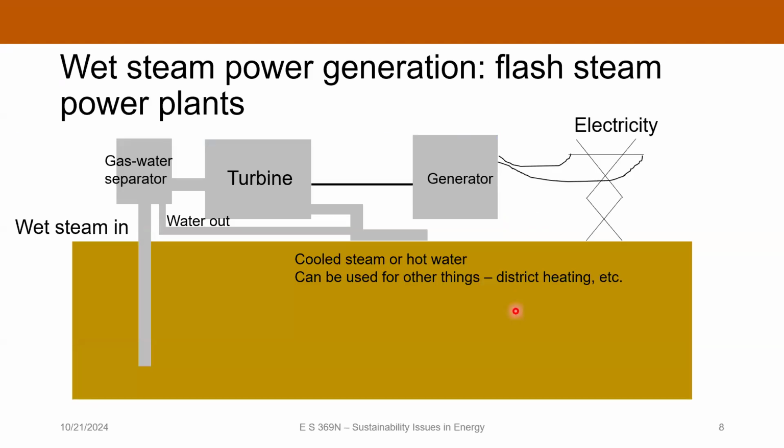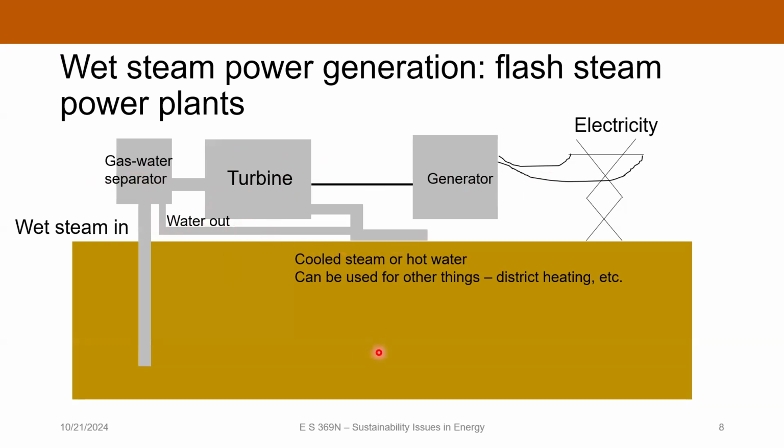Okay, if you're generating wet steam, so maybe you're not quite at that 300 degrees Celsius range, but you're still getting out some steam and some hot water, you have to add a gas water separator before your turbine. So you send the gas, or the water vapor, into the turbine, and then the hot water comes out the bottom of the gas water separator, and then you can do the same thing.